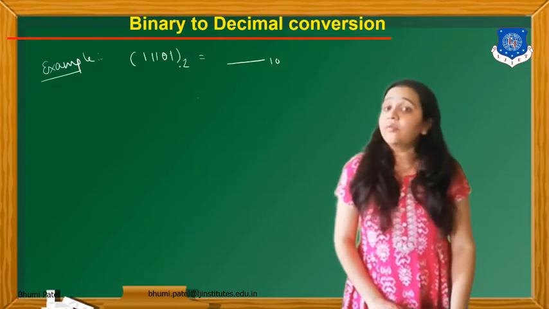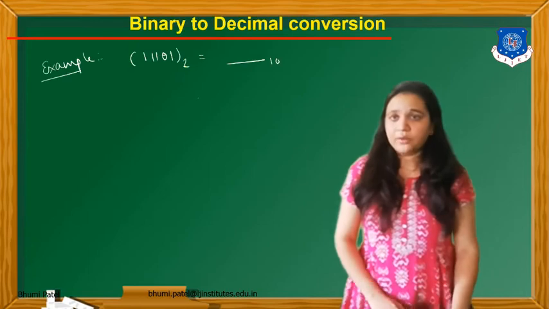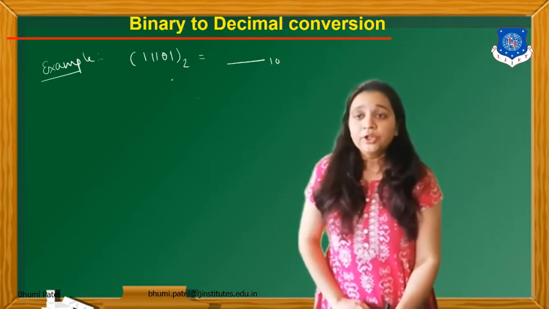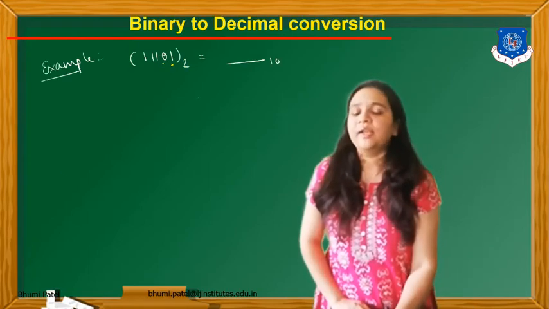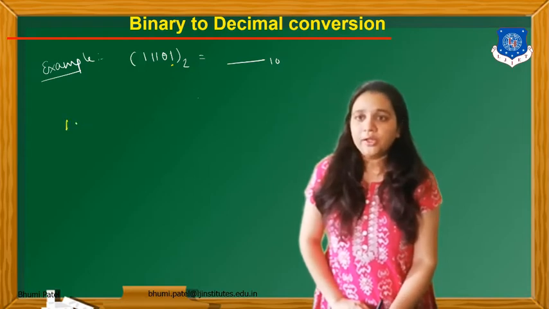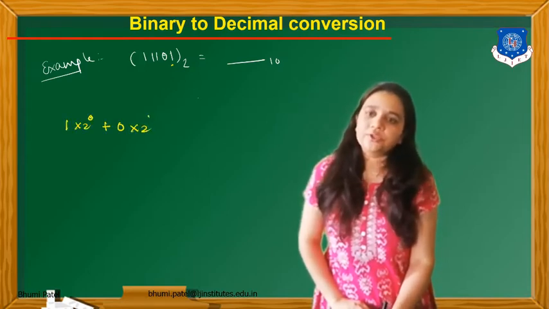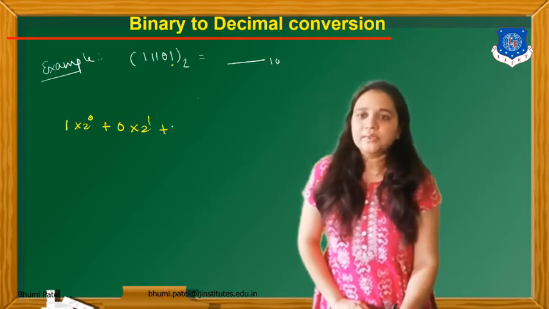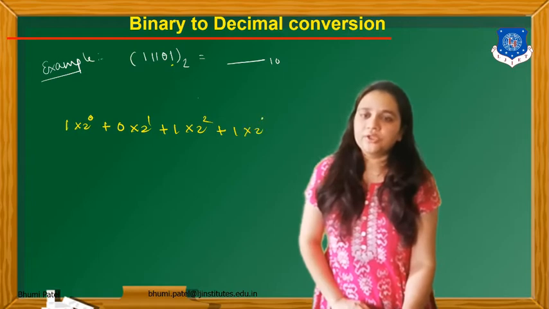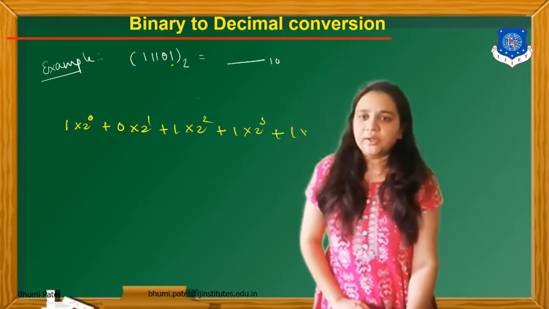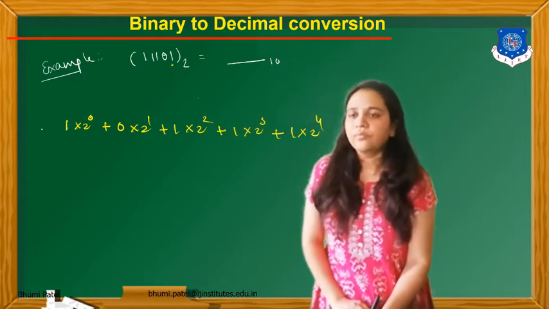Now you have to convert the binary to a decimal number. For that you start from the left hand side. So 1 into 2 raised to 0 plus 0 into 2 raised to 1 plus 1 into 2 raised to 2 plus 1 into 2 raised to 3 plus 1 into 2 raised to 4.